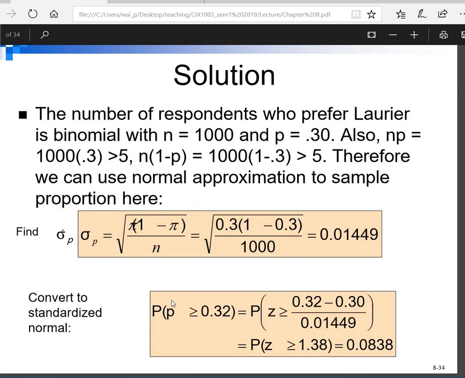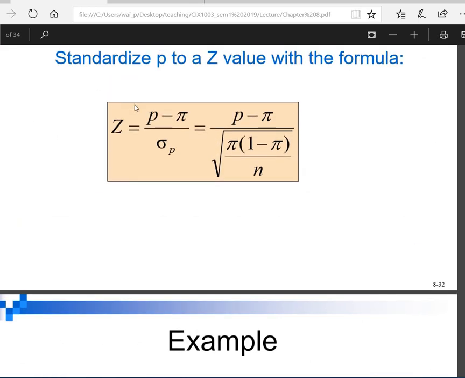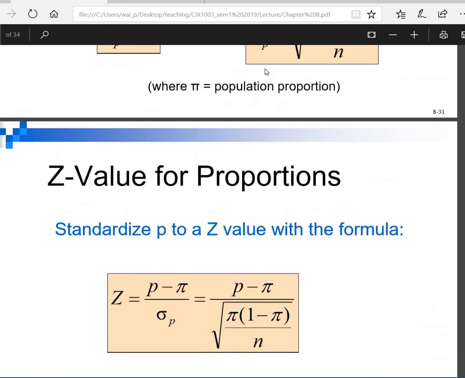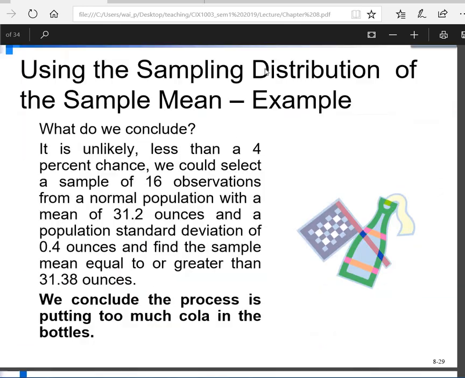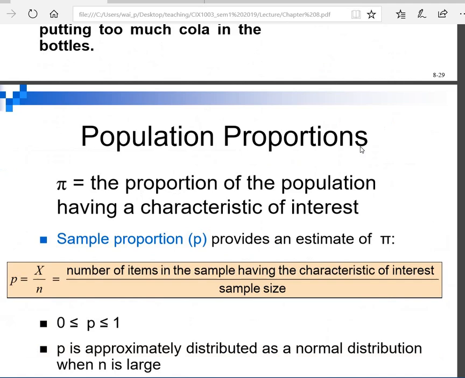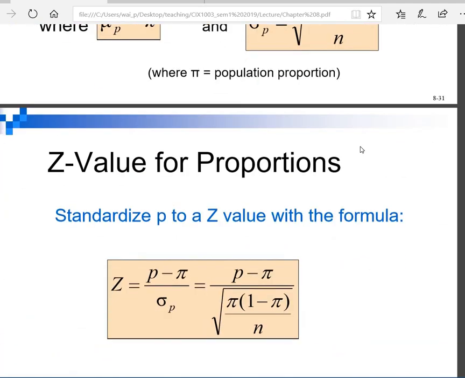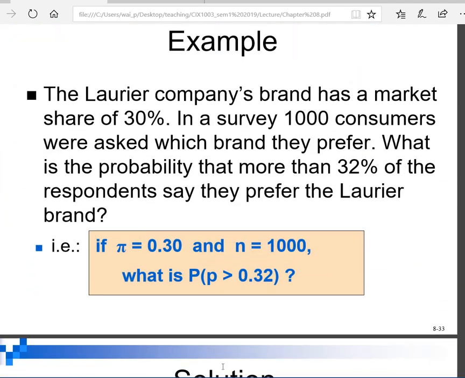Then we can apply the formula. 0.32 minus 0.3. How do we know 0.32 and 0.3? Because our question gives sample proportion 0.32, pi 0.3.